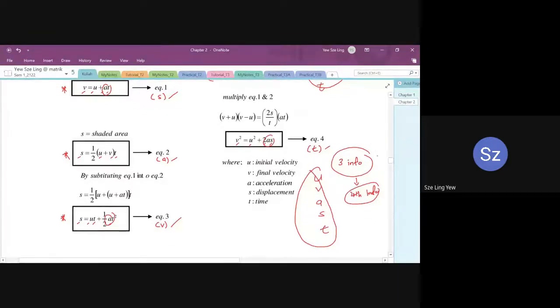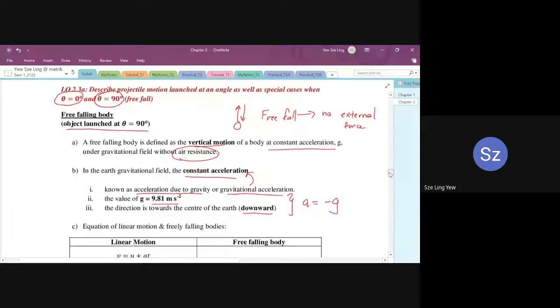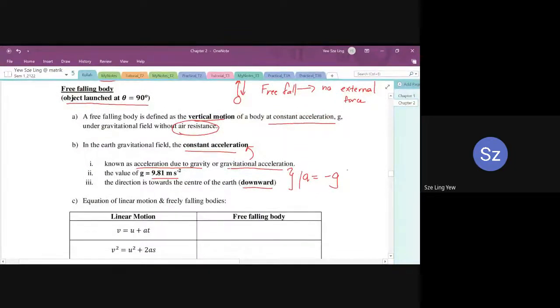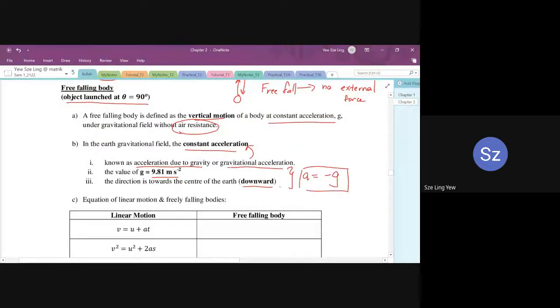When you want to apply them in a free fall motion, you need to substitute a equals to negative g, of course with a condition that there's no external force. If there's external force, then a is no longer equal to negative g. You have to look at what happened.